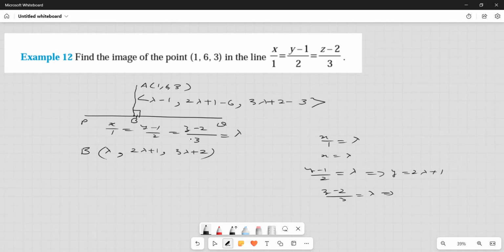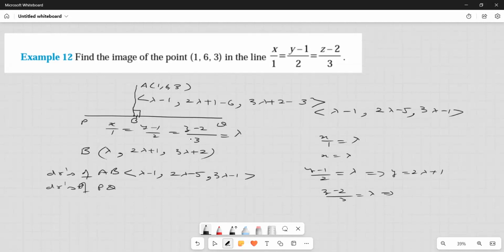These are the DRs of AB, which are coming as lambda minus 1, 2 lambda minus 5 and 3 lambda minus 1. And the DRs of PQ are 1, 2, 3.